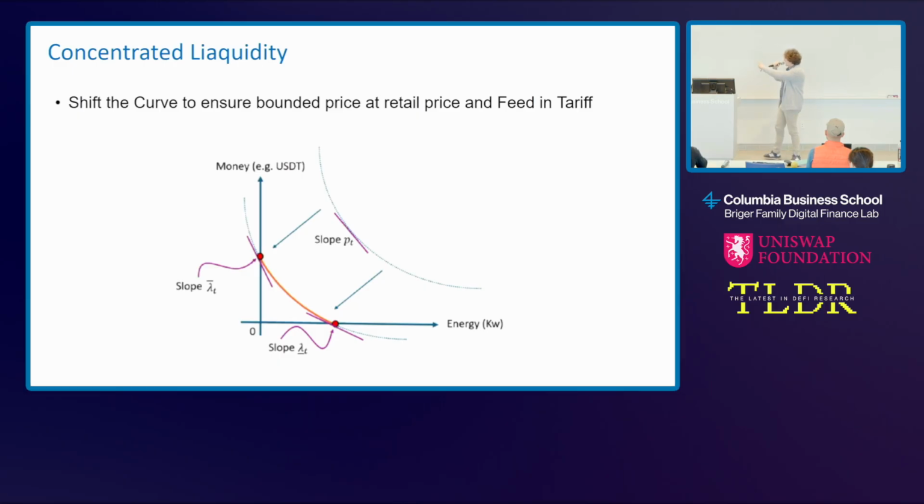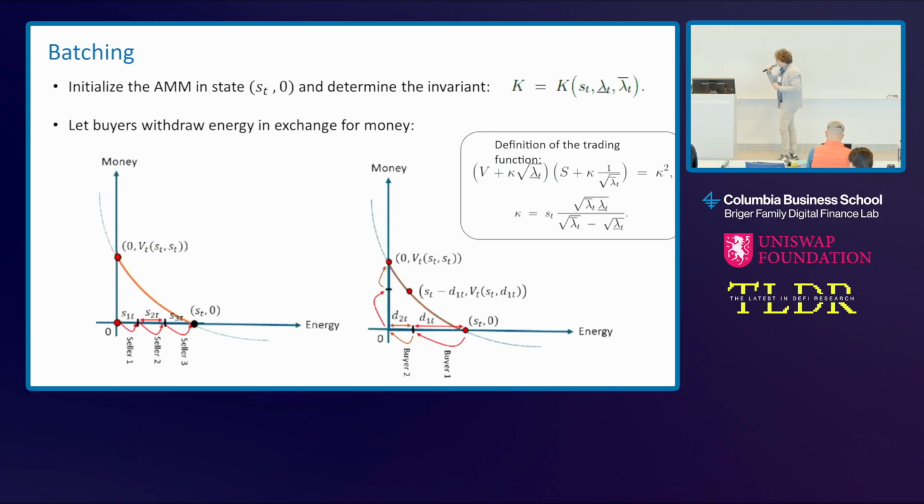So the price has to be above the selling price to the grid and below the buying price of the grid. This ensures no arbitrage. I know it's a bit difficult now in a few minutes, but in the paper of the TLDR, there will be all the details.